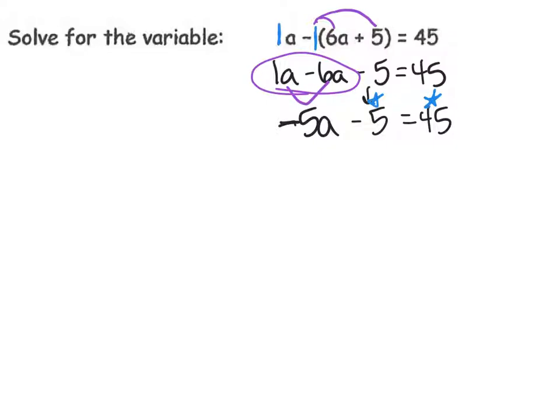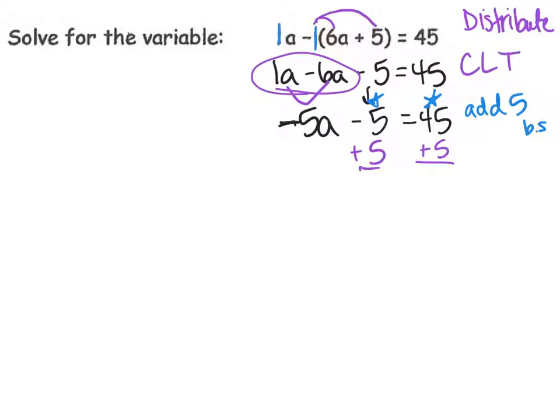Add 5 to both sides. Now it's like a regular puzzle, just like the ones you've been doing. Distribute first.